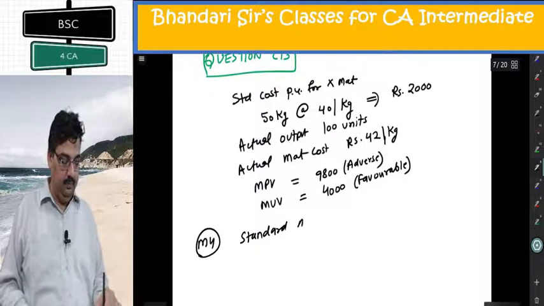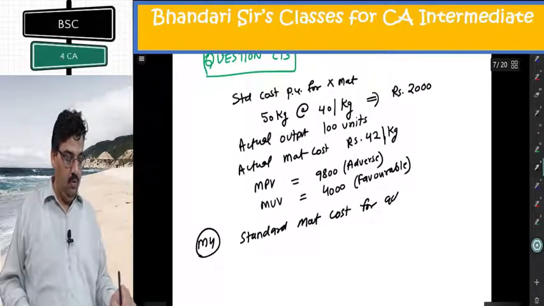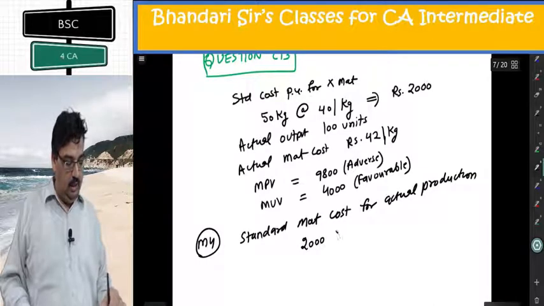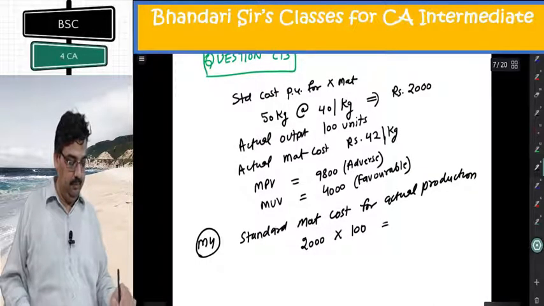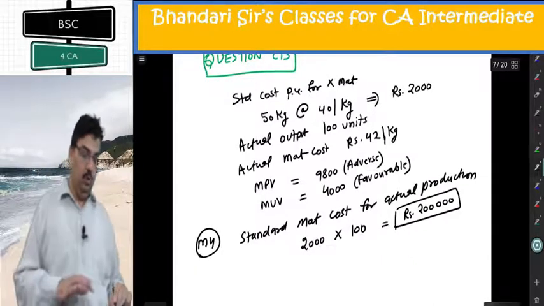Standard material cost for actual production. 2000 multiplied by 100. Rupees 2 lakh.